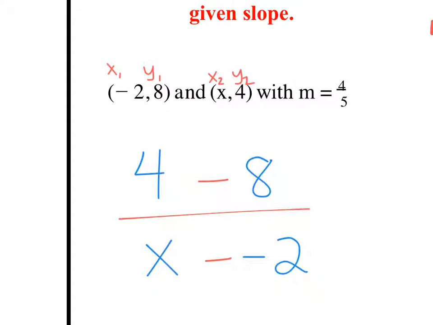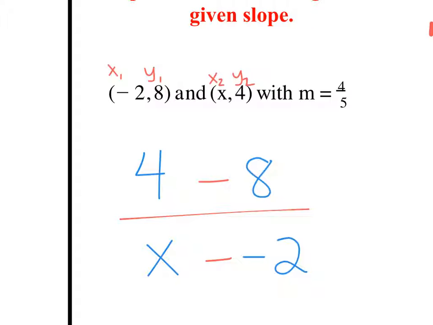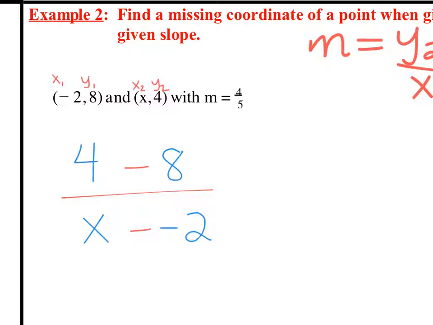So now let's go ahead and simplify that. Let's make it prettier, right? What is 4 minus 8? Not 4. -4. And then, as we talked about, if you have subtracting a negative, it's the same thing as adding. So the bottom part really is just x plus 2.